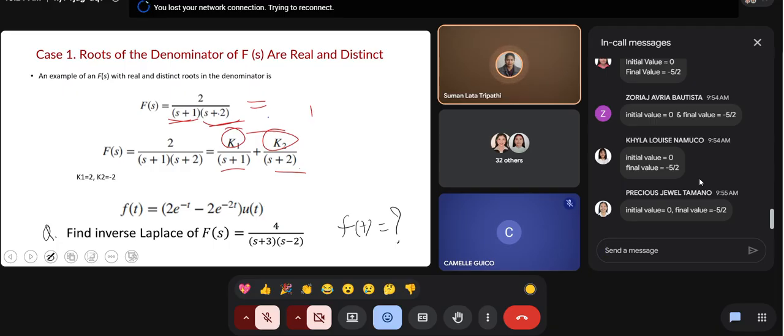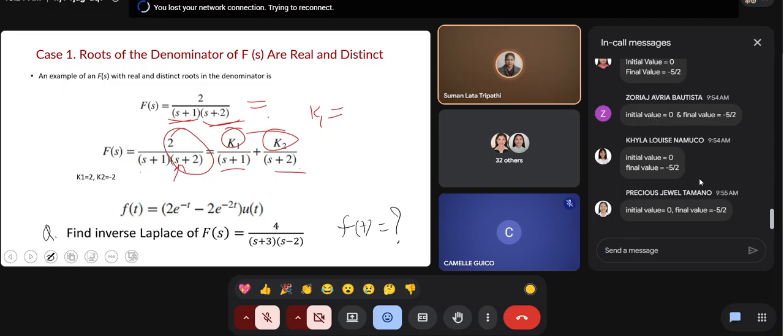So how to find the value of k1? k1 can be found by removing s plus 1 from here and putting s equal to minus 1 in the rest.